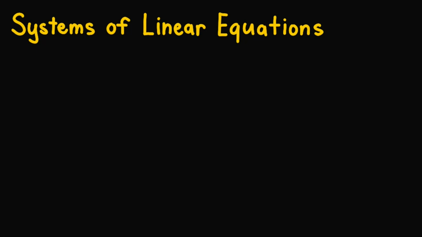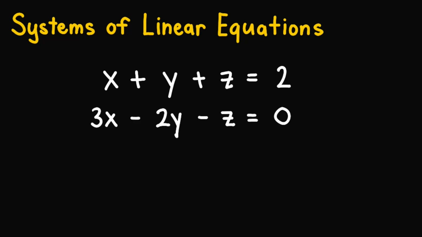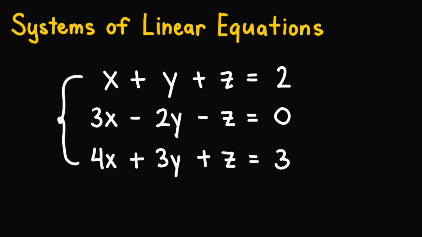For instance, if we have x plus y plus z equals 2, and 3x minus 2y minus z equals 0, and lastly 4x plus 3y plus z equals 3, then these three are a system of linear equations since all of these are degree 1, clearly.